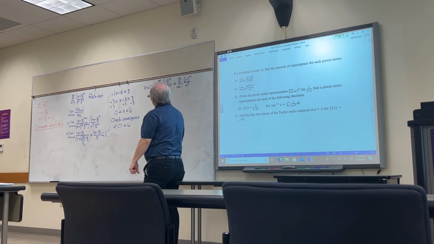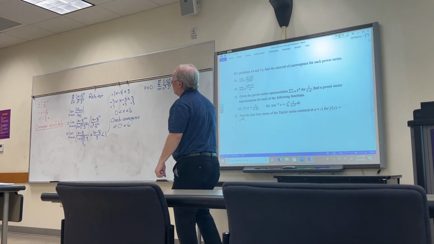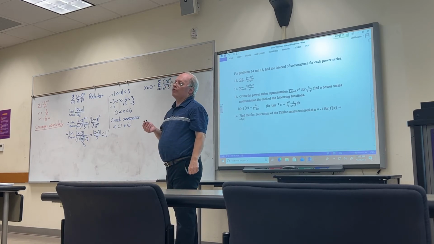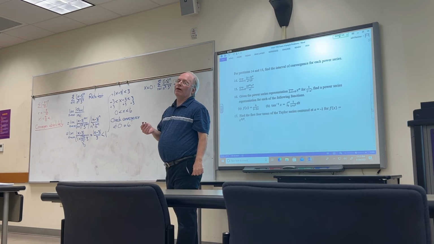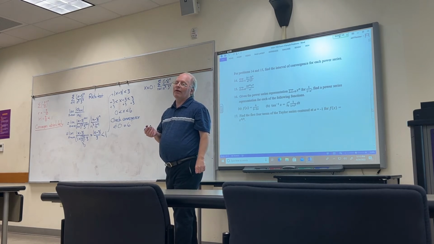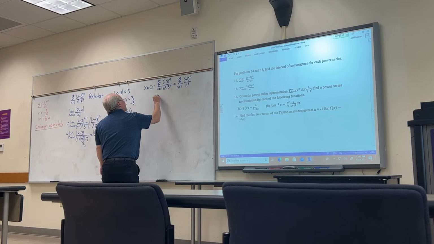So how do we tell if this converges or diverges? What do we do to tell if an alternating series converges or diverges? We take the limit of the term. So we want to take the limit as n goes to infinity of 1 over n cubed.